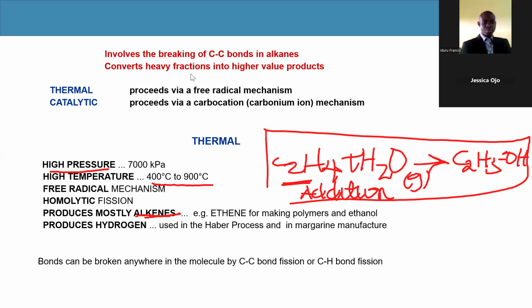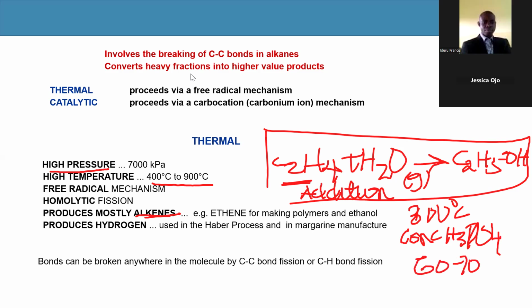So when you heat the two together at a temperature of around 300 degrees Celsius with concentrated phosphoric acid catalyst at a pressure of 60 to 70 kilopascal, you have your ethanol formed in the industry.